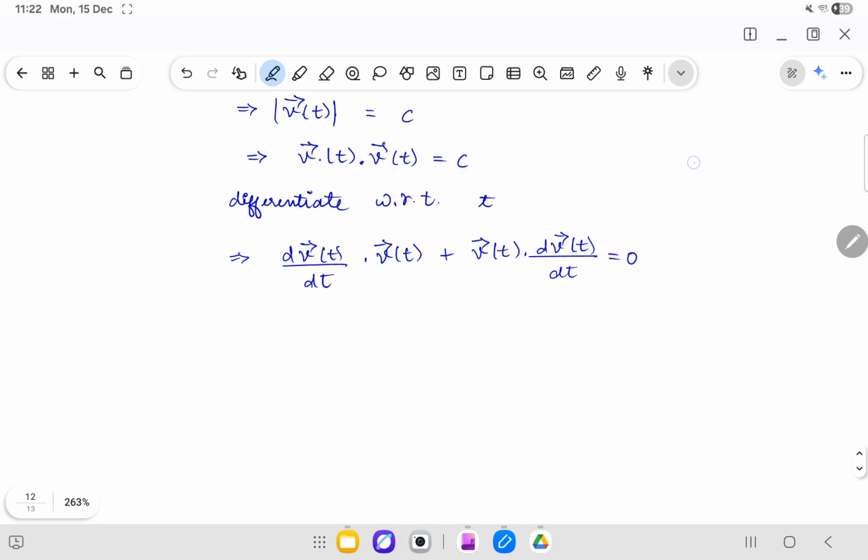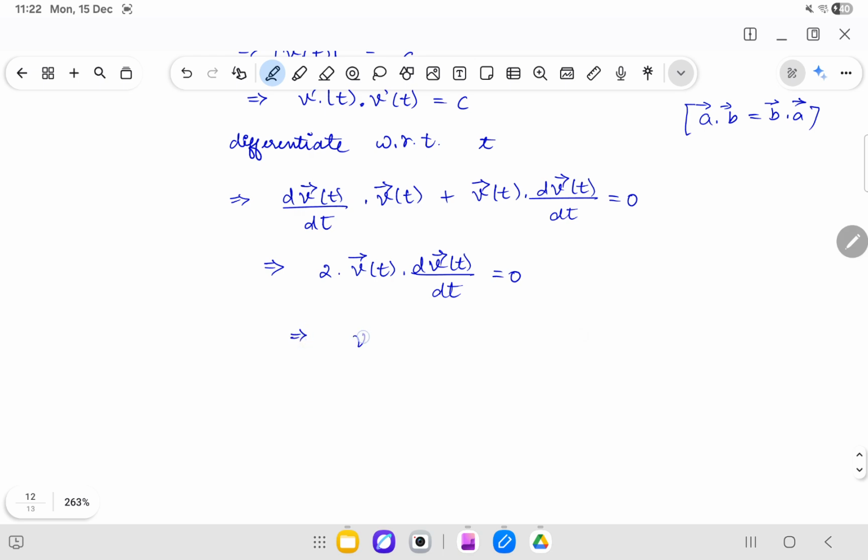Now we know that in a dot product, a dot b is the same as b dot a. So from here we'll get that 2 times v(t) dot dv(t) by dt is equal to 0. So from here v(t) dot dv(t) by dt is equal to 0, and that's what we are supposed to prove.